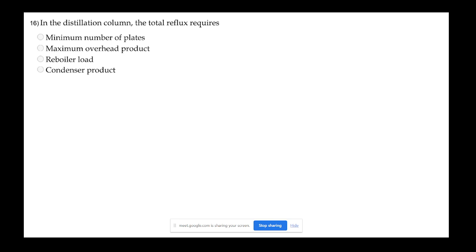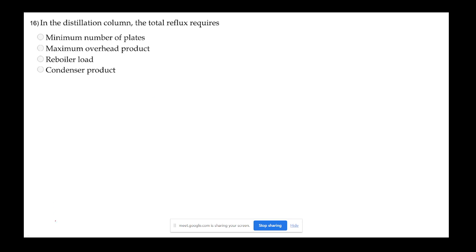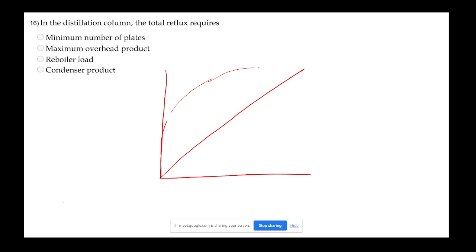Now the next case is for the reflux ratio. Same, this is the equilibrium line, and this is the diagonal line. So the difference between these is nothing but the gradient.